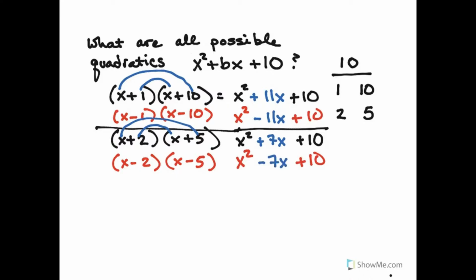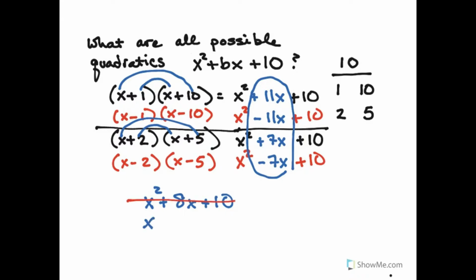Those are all the possible middle terms that end with a positive 10, and so any expression that doesn't have that middle term, like x squared plus 8x plus 10, can't be factored, because the only possibilities for 10 we have already explored, giving us middle terms of 11 and negative 11 and positive 7 and negative 7.